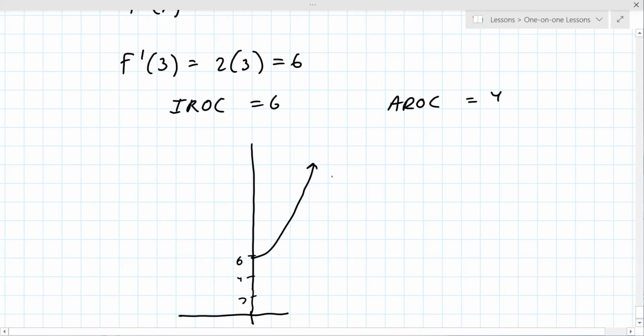So at 3, the slope is very steep here. That's the 6. But from 1 to 3, it's not as steep. This one has a slope of 4, and that's why they're not the same, and they're not usually the same.